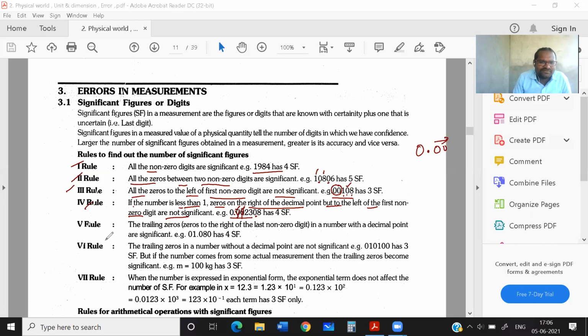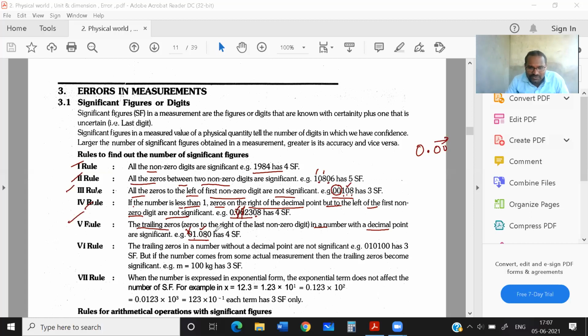Next, fifth rule, the trailing zeros, meaning ending zeros. Trailing zeros in a number with a decimal point are significant figures. Clear? See, in this, this 0 is not a significant figure. This 0 is a significant figure because it is present between two non-zero digits, and one more 0 is there, the last ending 0.